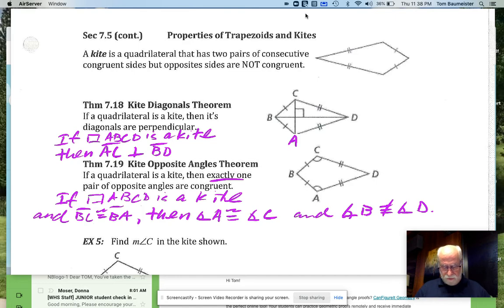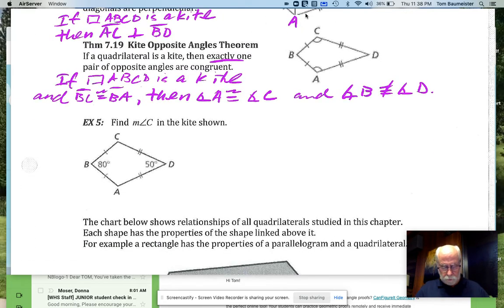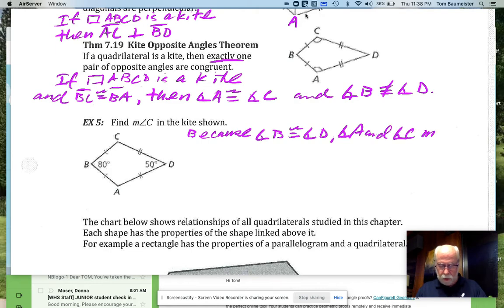All right, so example 5: find the measure of angle C in the kite shown. Because angle B is not congruent to angle D, then we know that angle A and angle C must be congruent.